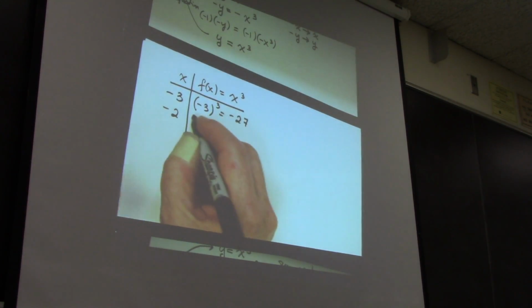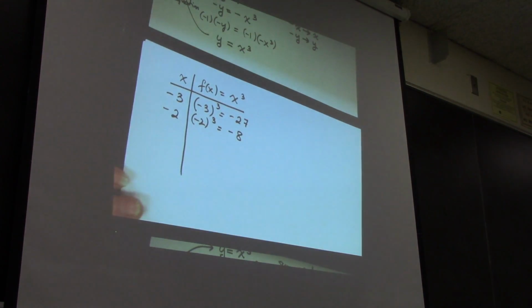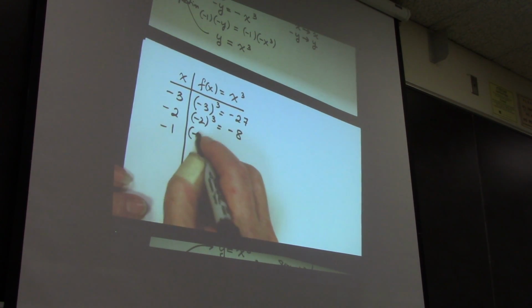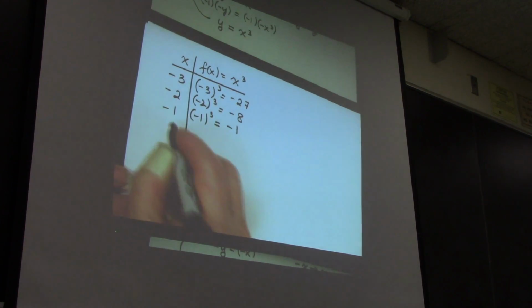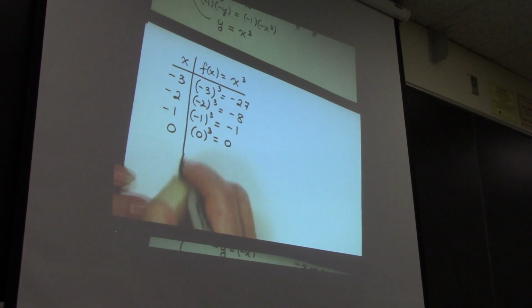When x is -2, y is -2 cubed or -8, I will definitely plot that one. When x is -1, y is -1 cubed or -1. When x is 0, y is 0 cubed or 0.